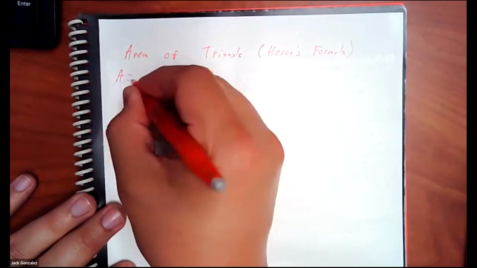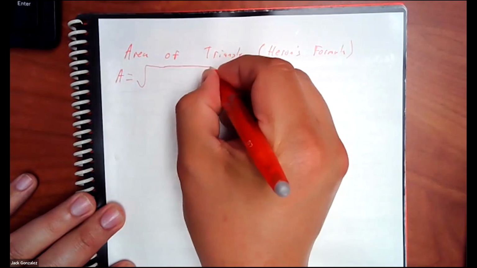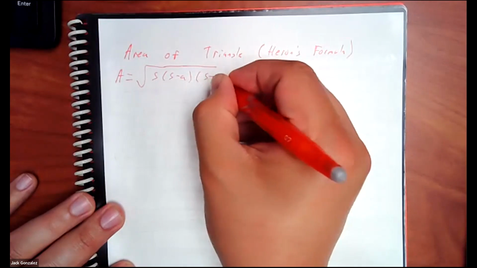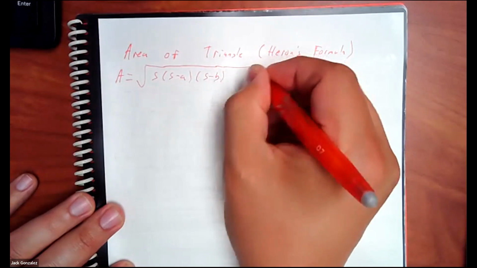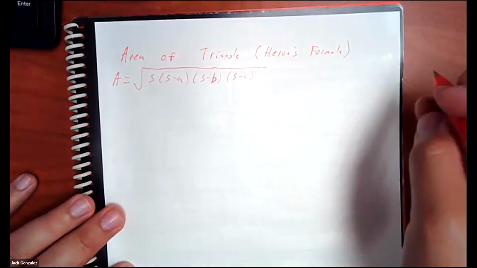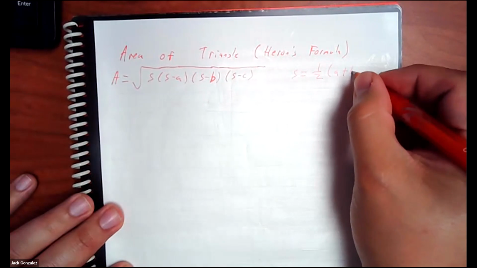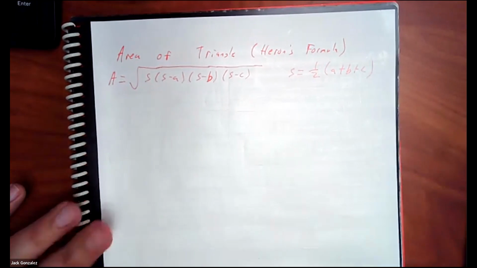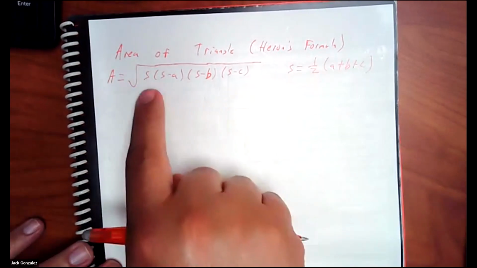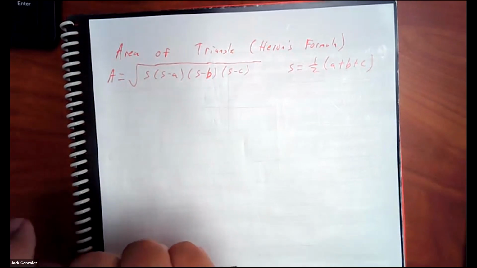So the area is equal to the square root of S times S minus A times S minus B times S minus C. S is equal to 1/2 times A plus B plus C. So add the sides up, divide by 2, and then plug the S in.